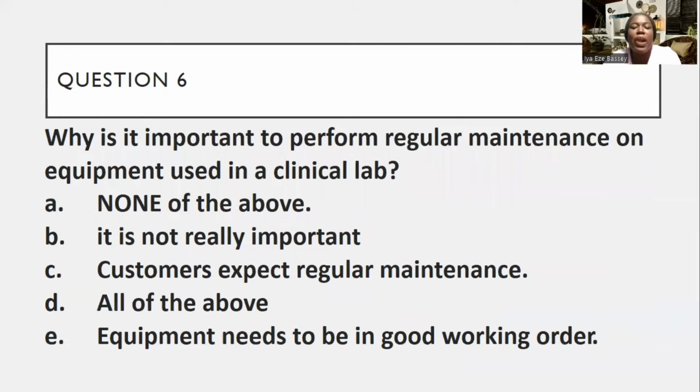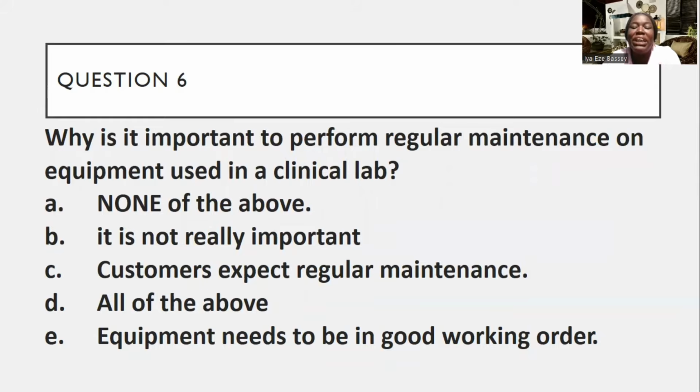So question 6, why is it important for you to perform regular maintenance on equipment used in a lab? A, none of the above. What is none of the above? Well, let's look down. B, it is not really important. Is that true? C, customers expect regular maintenance. D, all of the above.